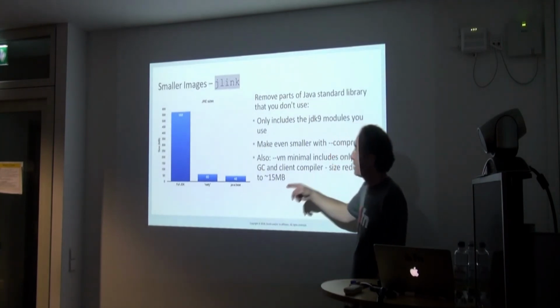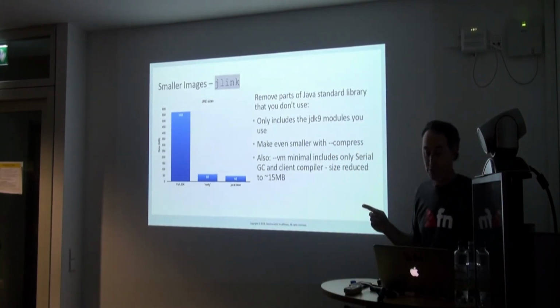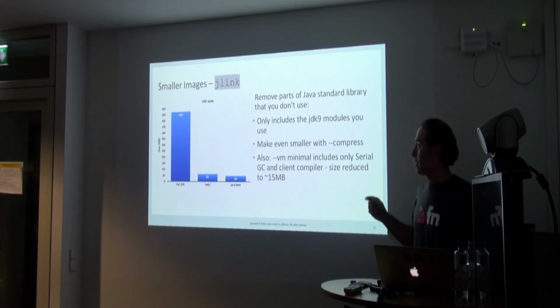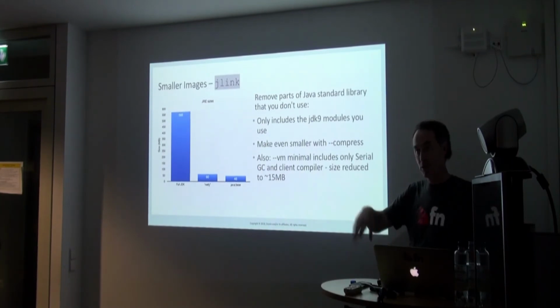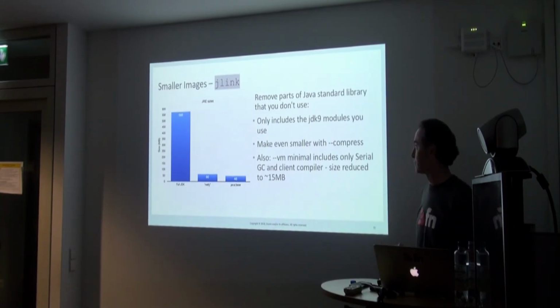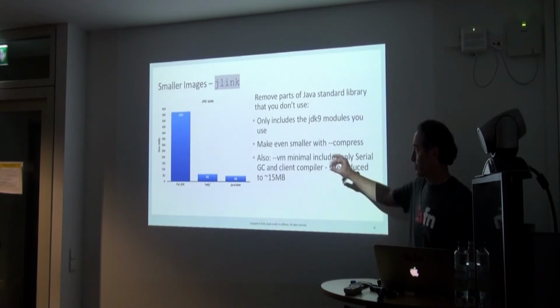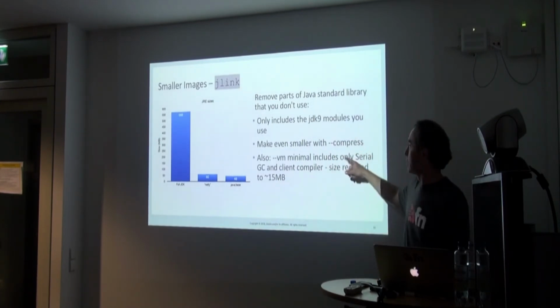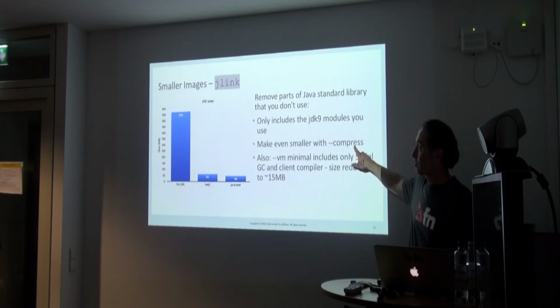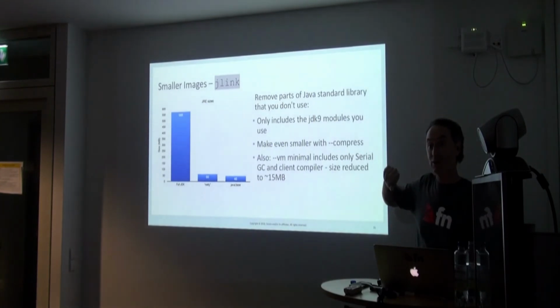JLink doesn't require you to use modules, but it helps, because if you don't, it doesn't really know the boundaries, so it's going to go off and wander and do some static analysis. You can shrink your app by throwing out classes you don't use. You can compress your whole app, but then you've moved decompression to runtime, and that'll slow down my boot, so again I don't like this.